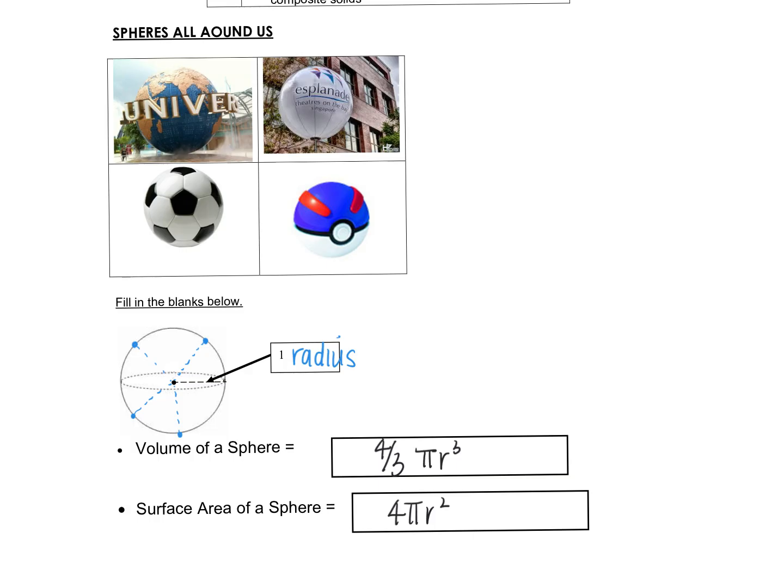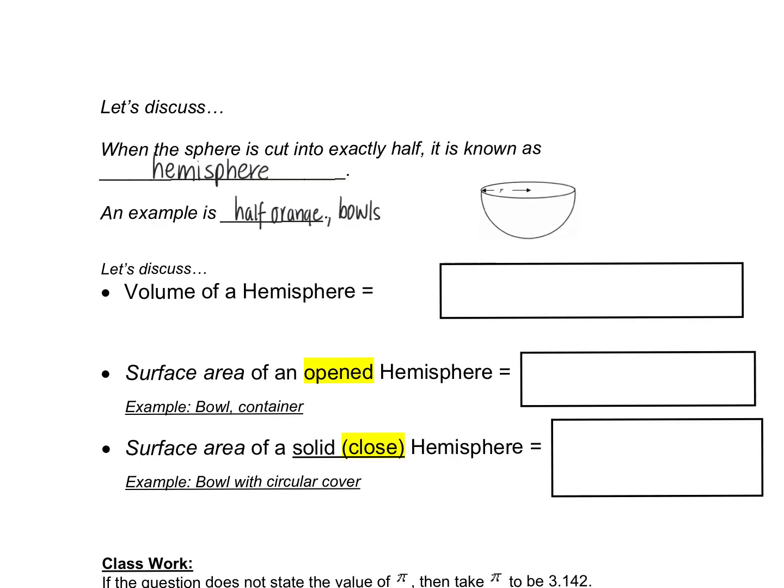Let me see if I can find the video. Let me find the video for you. What do you think is the volume of a hemisphere? 2 over 3 pi r squared.